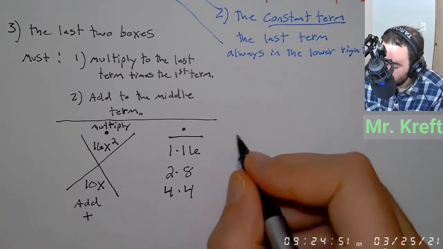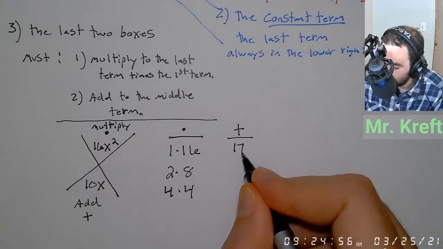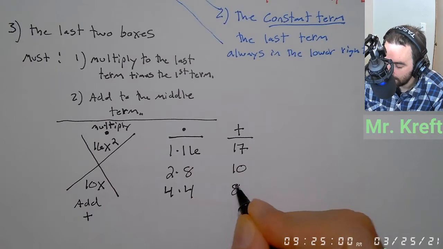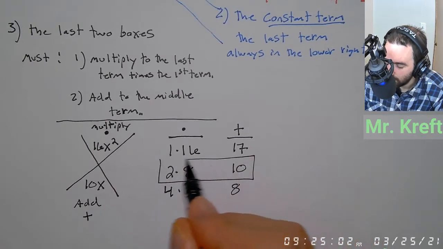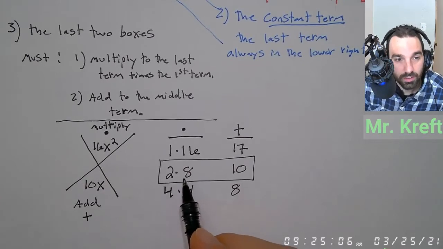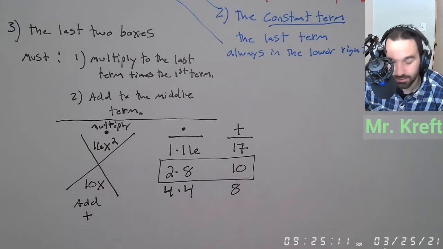Okay, so we're going to see what they add to now. 2 and 8 add to 10, that's the one we want, right? 4 plus 4 is 8. So these two numbers multiply to get 16, and they add to get 10.